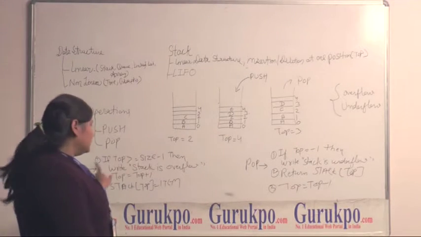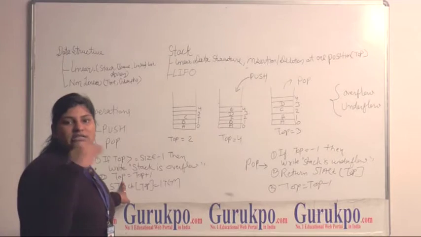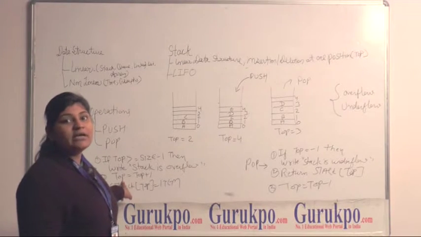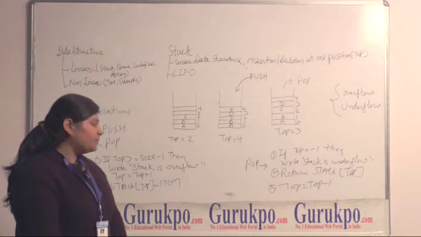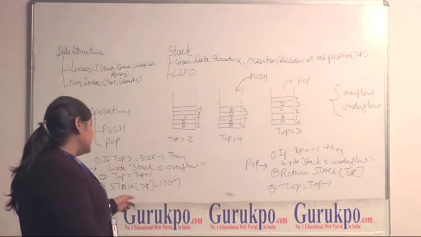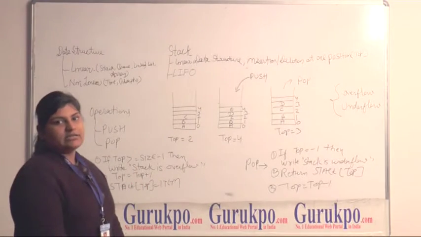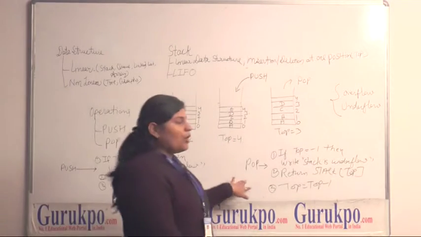If it is not, then the stack position will increase by 1, that is top equals top plus 1, and the item will be inserted at the top of the stack.